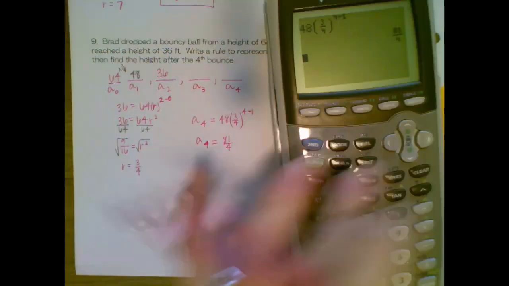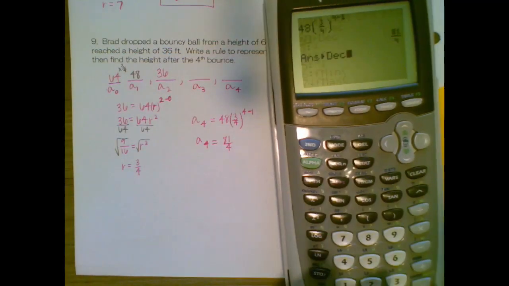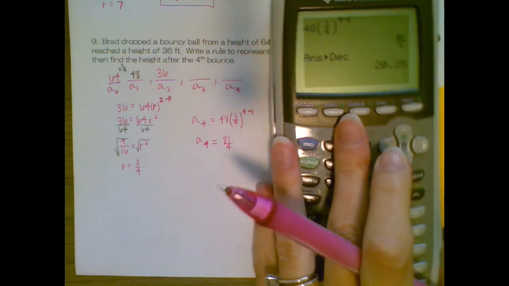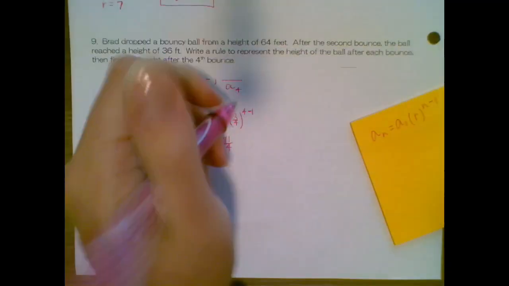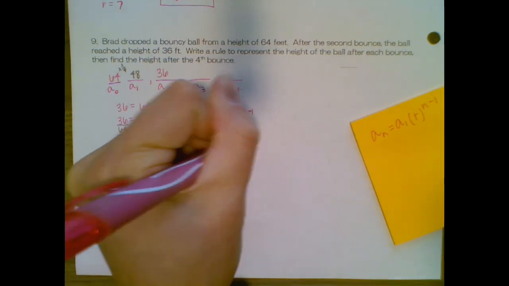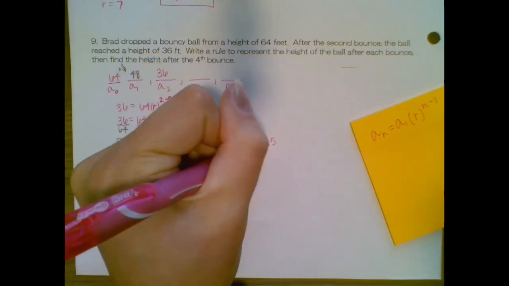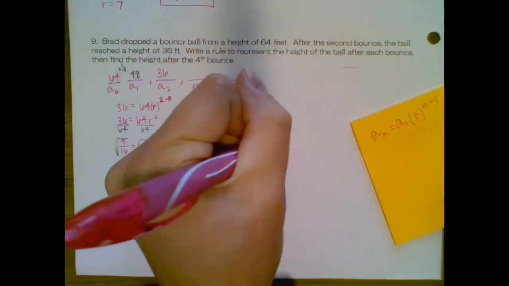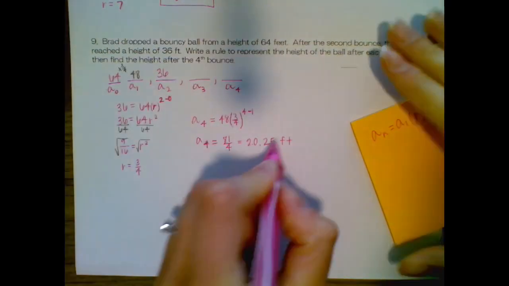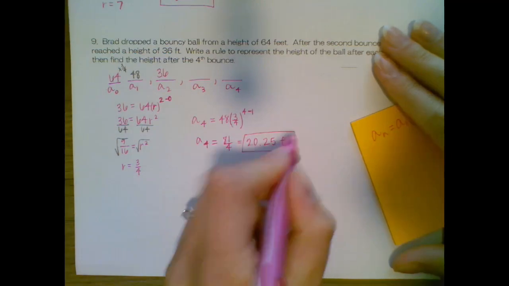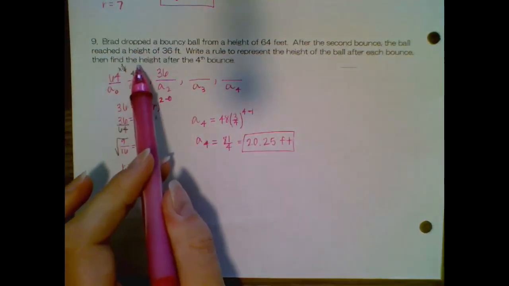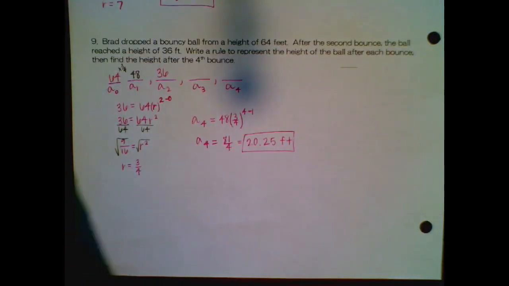So on that 4th bounce, I'm actually going to change that to a decimal, and we get 20.25. That's kind of a pretty decimal, so it's fine. So 20.25, and what are units? Feet. So that is the height of the ball after the 4th bounce. That's it.